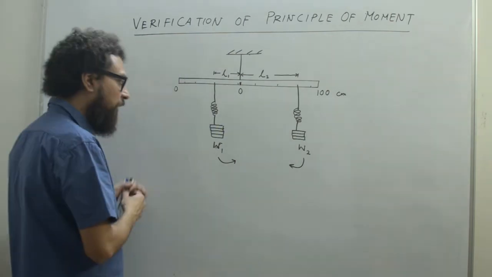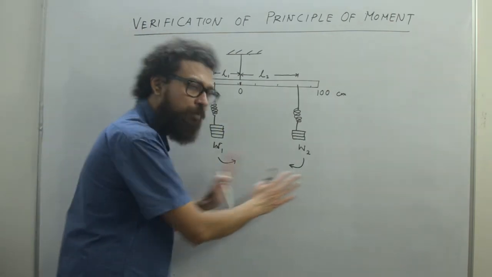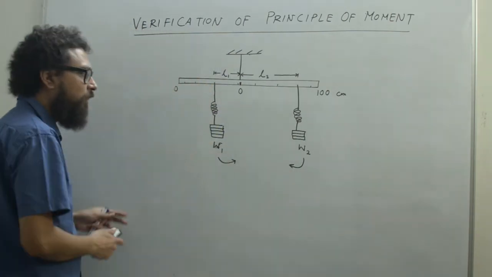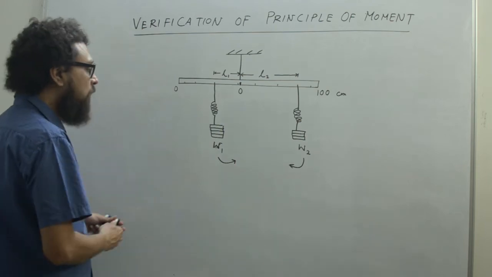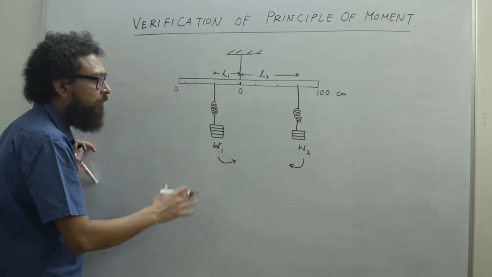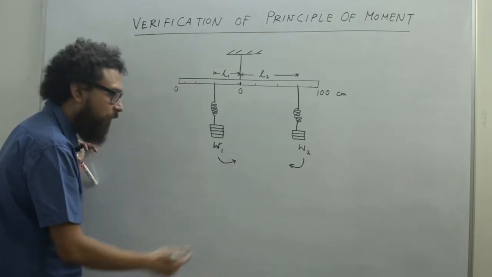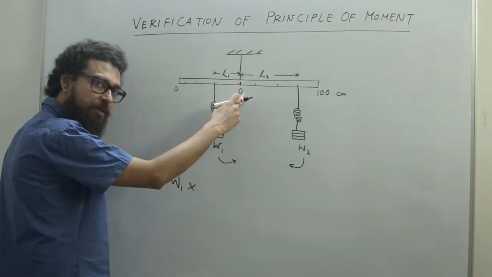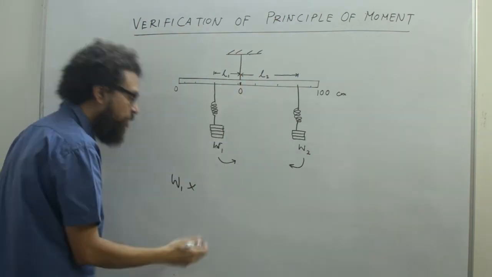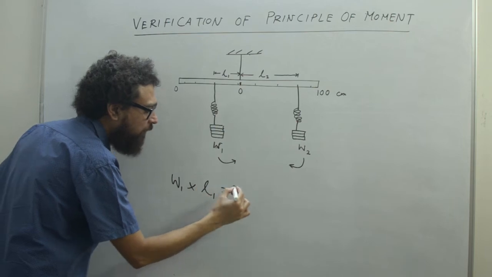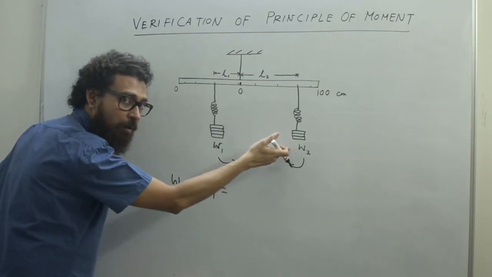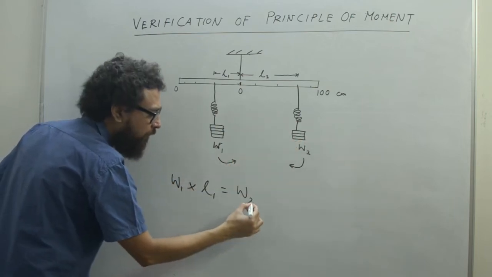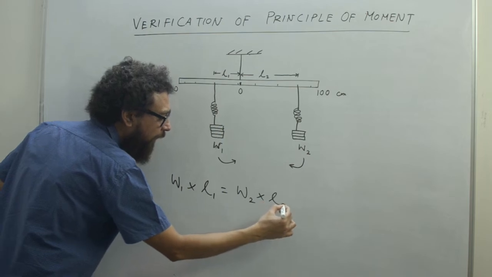Here we have only two weights, W1 and W2. Since the pivot is the point where I fixed the scale, the anti-clockwise moment is W1 into L1, and that will be equal to the clockwise moment, W2 into L2.